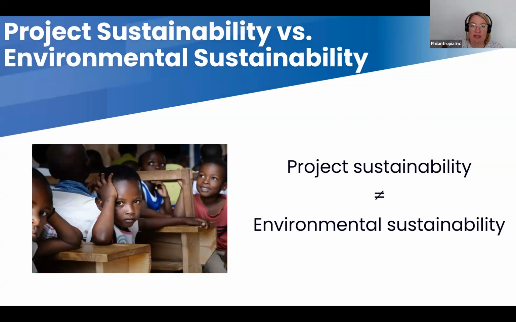What they do want to hear is how your project is going to be sustained long term. How are you going to pay people long term? How are you going to make sure that the project is going to be there, and that the people can still benefit from it, that the results that you have produced will be there long term.